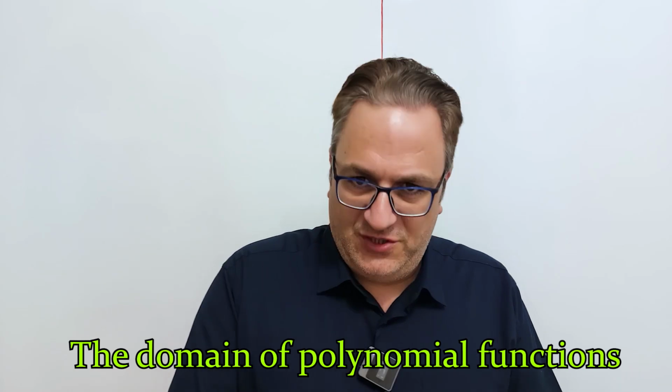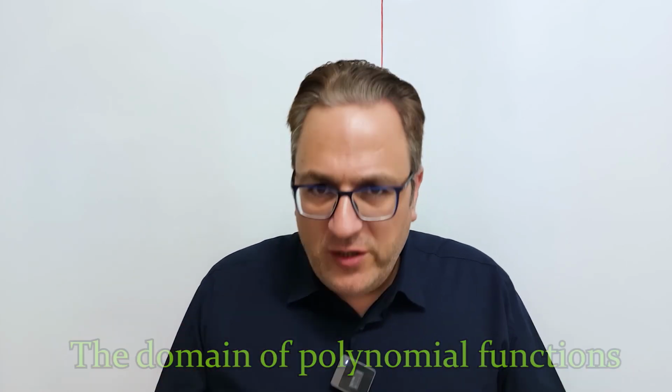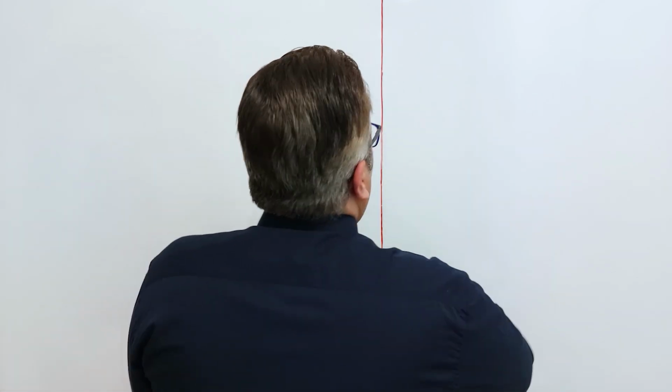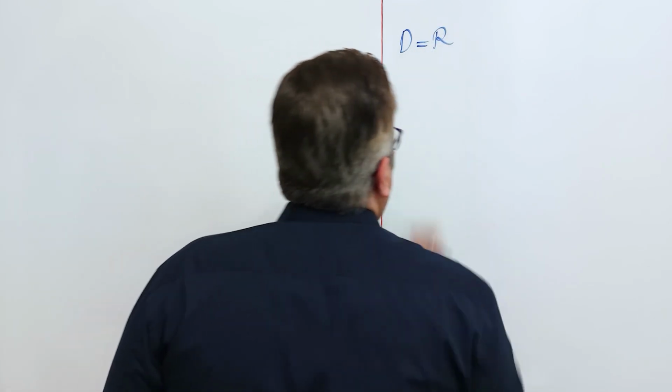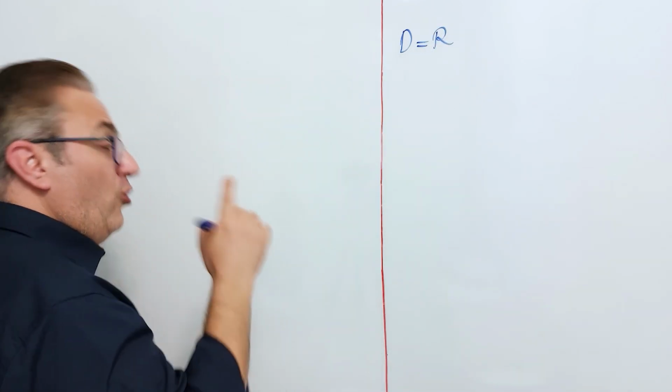Number 1, the domain of polynomial functions. The domain of polynomial functions is all real numbers. There are no restrictions on x, so the domain of a polynomial function is equal to R, or all real numbers.